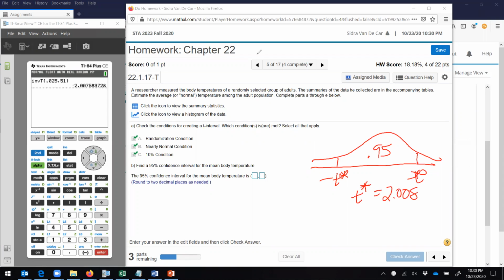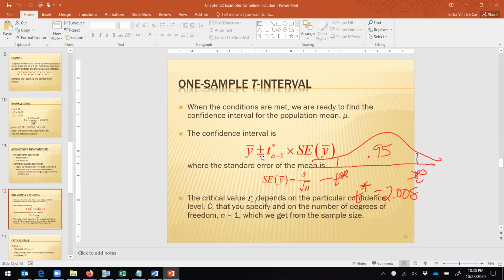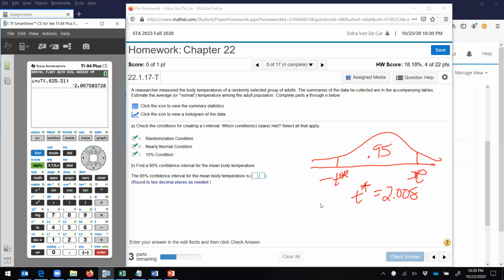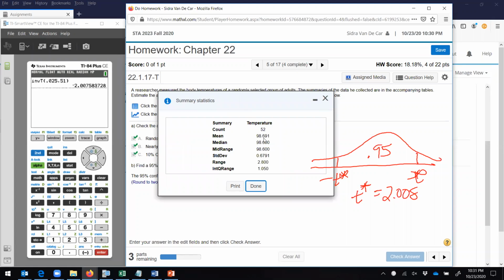Okay, so now looking at my formula, I want to do the mean plus or minus that T critical times the standard error. So that mean is 98.691, minus my T critical, 2.008, times the standard error.